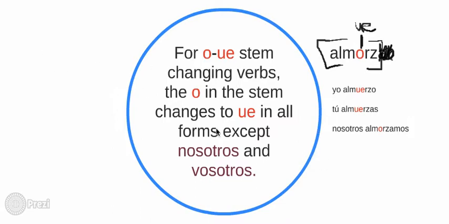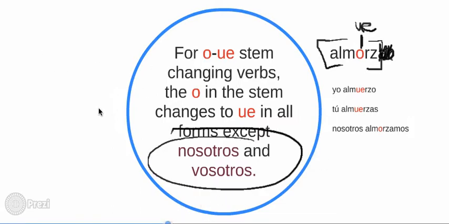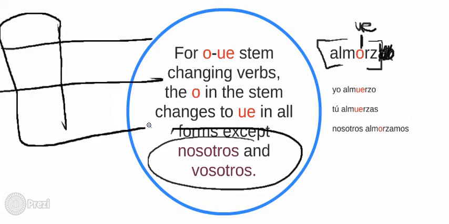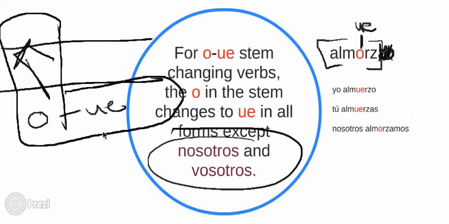Now, we don't do that in all forms. Remember, in nosotros and vosotros, we do not. So if we take a look at the forms where we do stem change and we outline it, it looks like a boot. That's why we call these boot verbs. We change the O to UE here and not here or here. So here's an example.